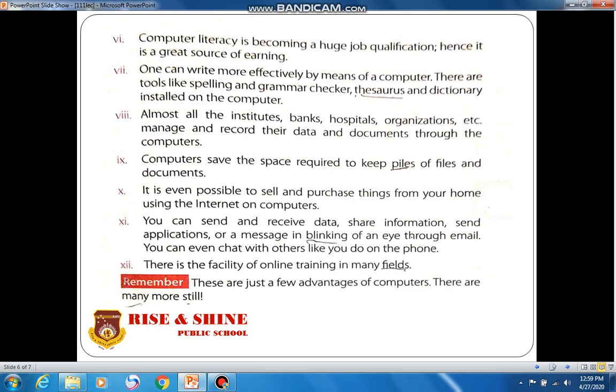Almost all the institutes such as banks, hospitals, schools or any other organization maintain their data in the computer. Maintaining the data in the computer saves time, and it is very easy to access any kind of data using these computer files. Computer has the space required to keep piles of files and documents.